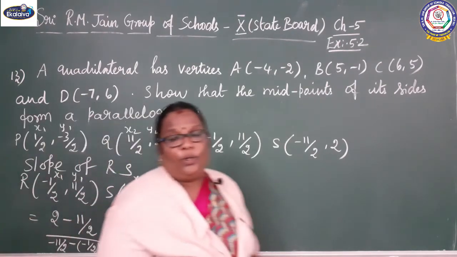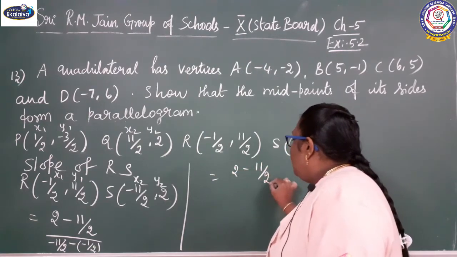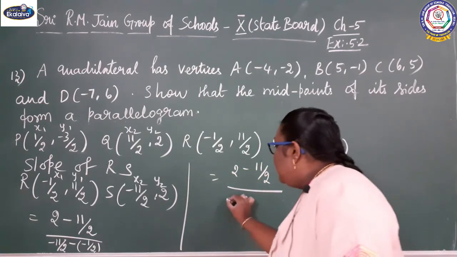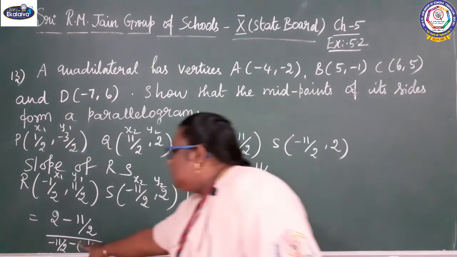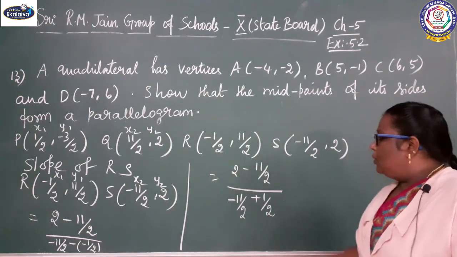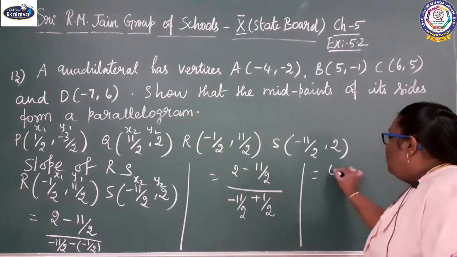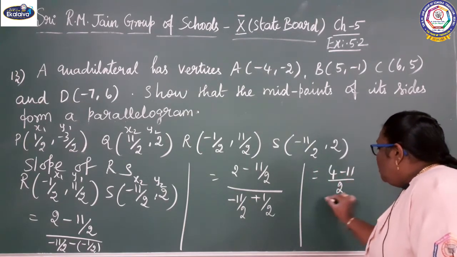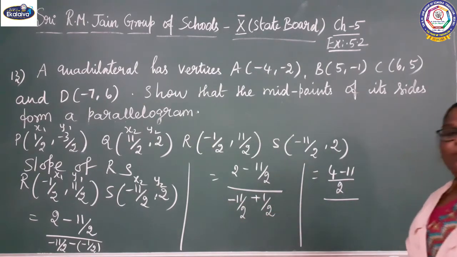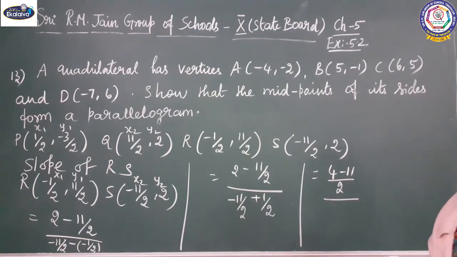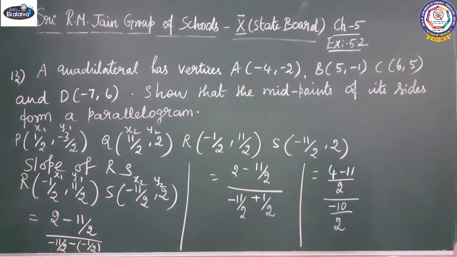So see the value here, 2 minus 11 by 2 by minus 11 by 2 plus 1 by 2. Minus into minus becomes plus 1 by 2. You can take 2 as the LCM. So 4 minus 11 by 2 by minus 11 plus 1, because 2 is the common denominator, minus 10 by 2.